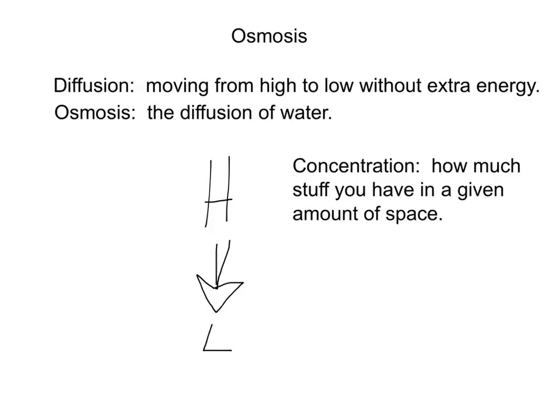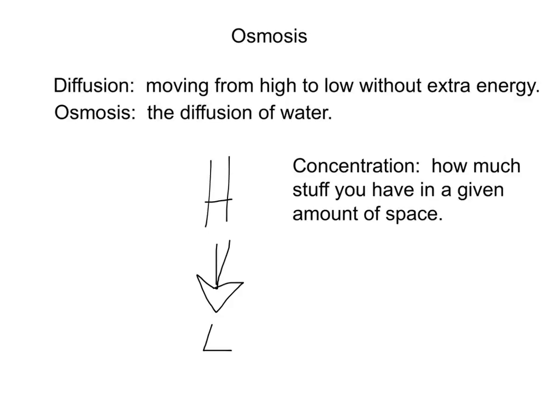So anytime you have more stuff on one side, it'll move towards a space where there's less of this same material. And so that's the key idea here, that first of all, both diffusion and osmosis are occurring where you have a concentration gradient, where you have one side is high and the other side is low.